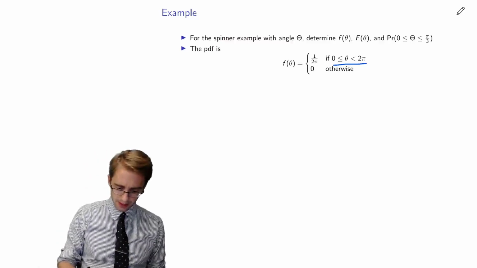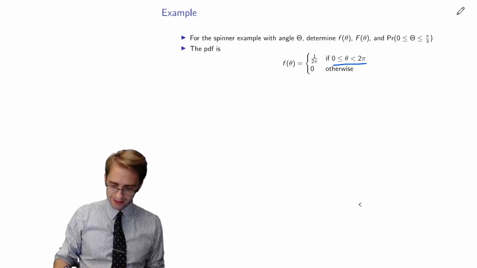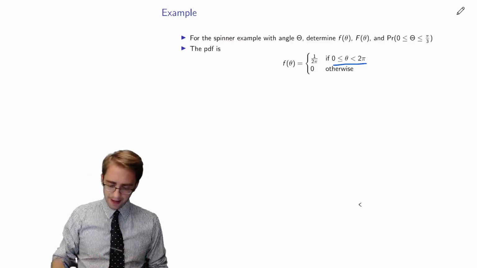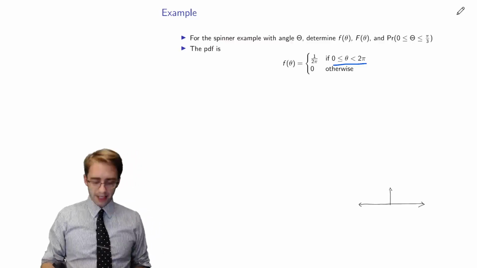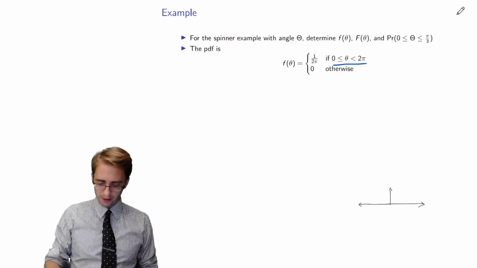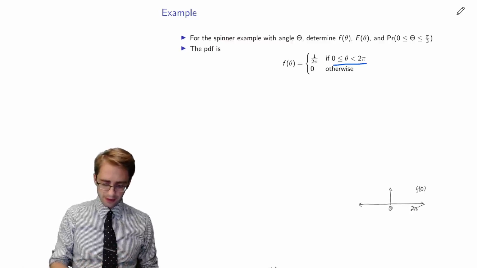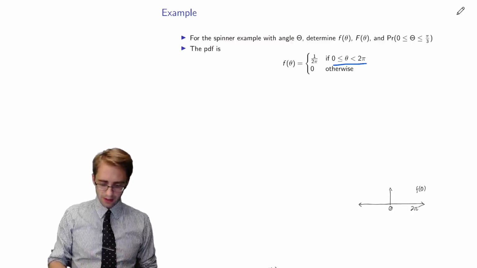Here's the x, or the theta axis, I should say. So it looks like that. And then this is the probability axis like that. And what I'm saying here is that if I wanted to draw the probability density function, if this is 0 and this is 2 pi, then that density function is 0 everywhere down here.